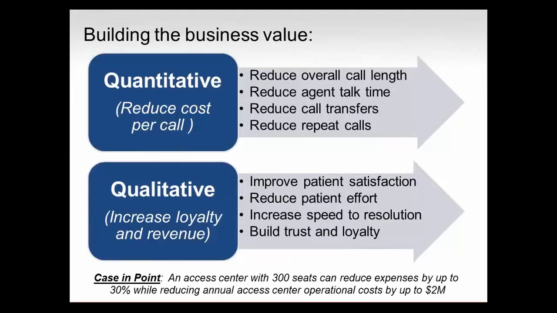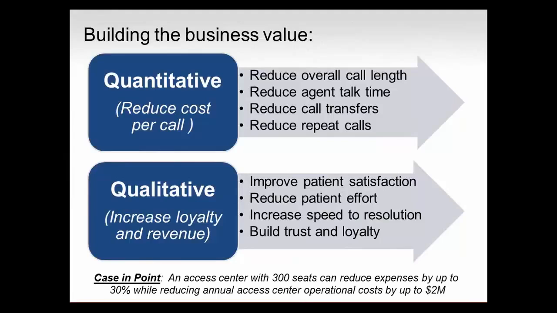You're going to reduce the agent talk time, and agent talk times can be anywhere, 50 cents per minute fully loaded to, even 75 cents. It can be kind of all over the board, but for every minute that you reduce off that agent, you're going to save a significant amount of money.